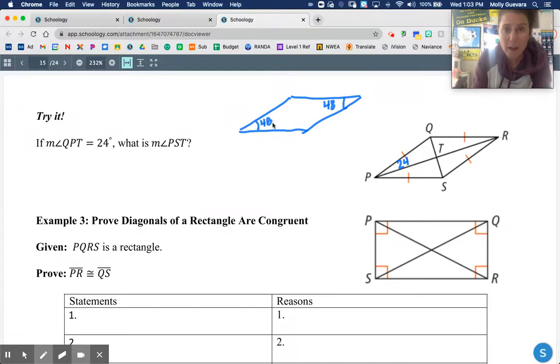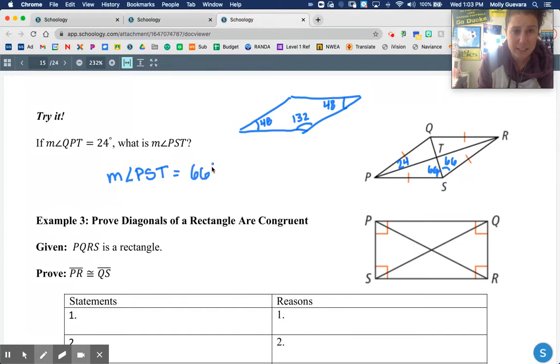So I can do 180 minus 48, and that tells me that this is 132, right? And remember, this is what I'm trying to find here. So if I take that and cut 132 in half, that gives me 66 on one side and 66 on the other side. So the measure of angle PST is 66 degrees.